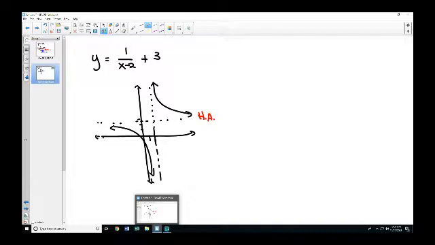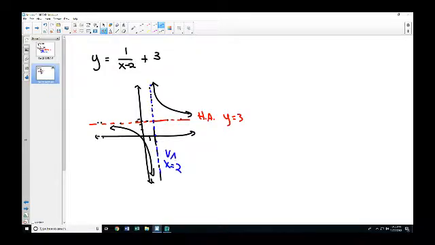What's the equation of a horizontal asymptote? Y equals 3. Yeah, we're 3 up, right? Y equals 3. And the vertical? x equals 2. There you go. So, parent function format makes that super easy.